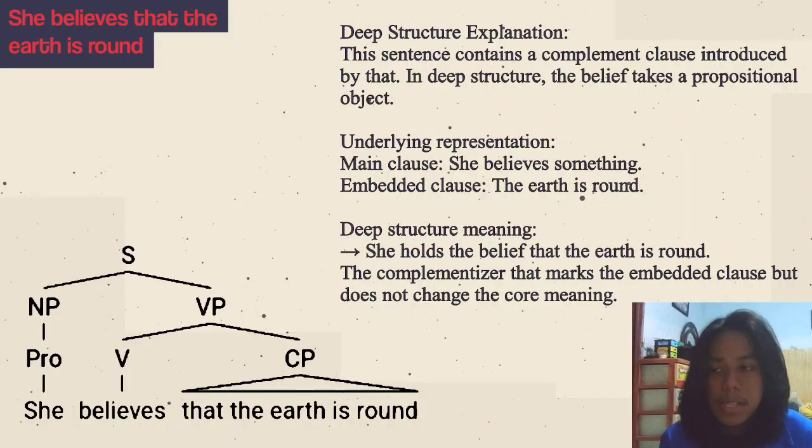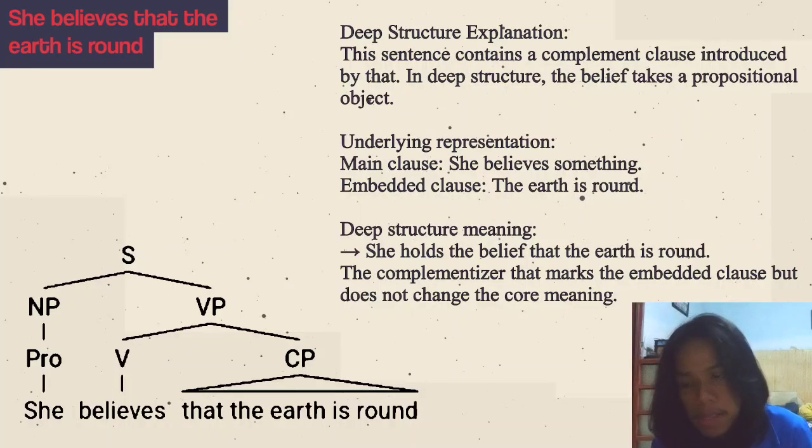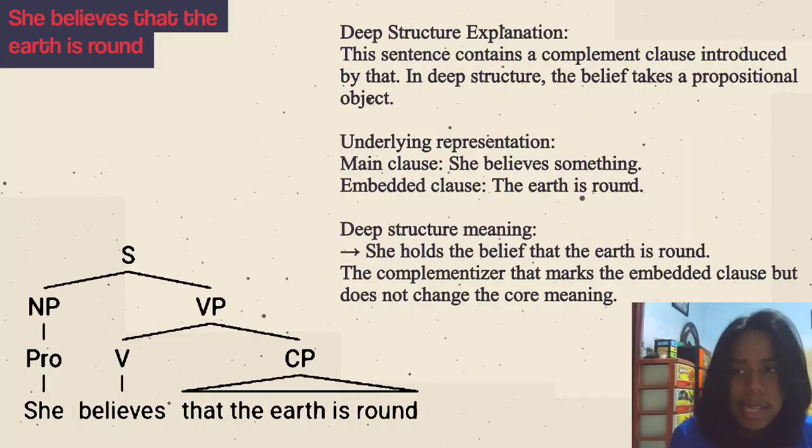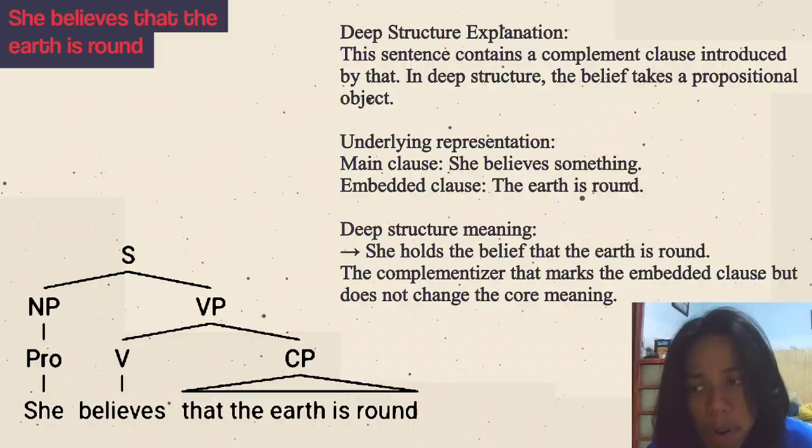It functions as the object of the verb believes. Because the complementizer phrase is a dependent clause, we don't have to break it down into smaller parts. We can make it simple like this, as in the sentence before.